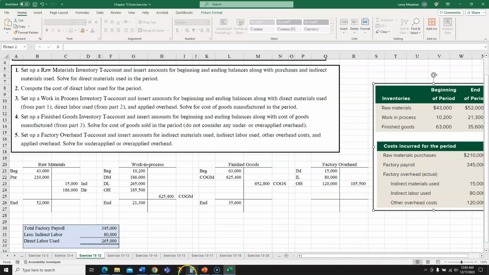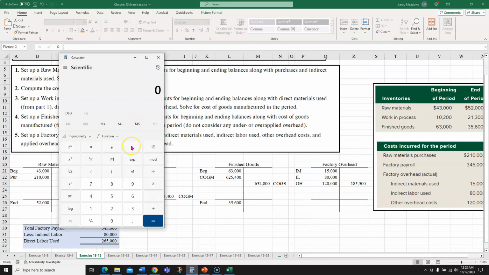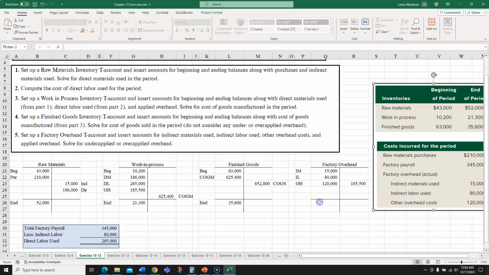So what I'm going to do here is add up all my debits, 15,000 plus 80,000 plus 120,000, and that gives me 215,000, minus the 185,500 already applied, and that gives me a debit balance, or under applied overhead, of $29,500.